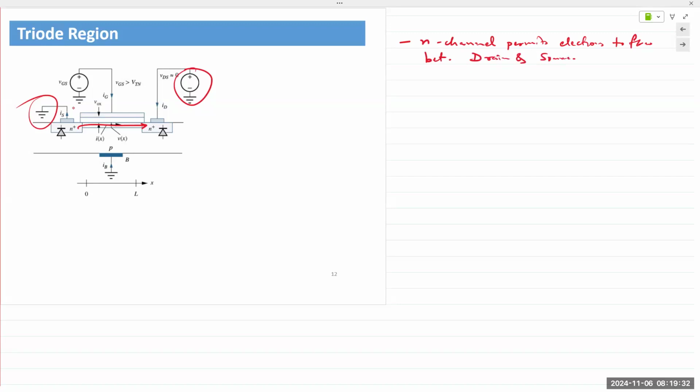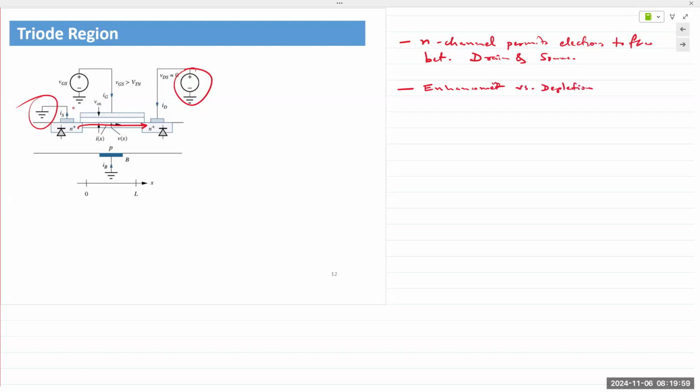In a depletion MOSFET, a channel is already existing. The channel already exists. It is created during the manufacturing process. So, enhancement mode MOSFET versus depletion.